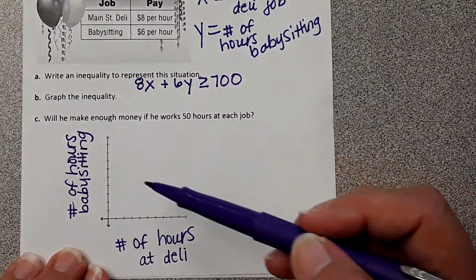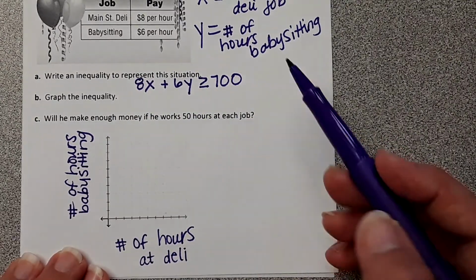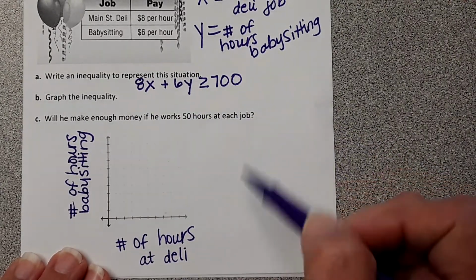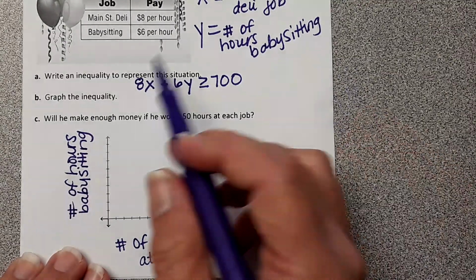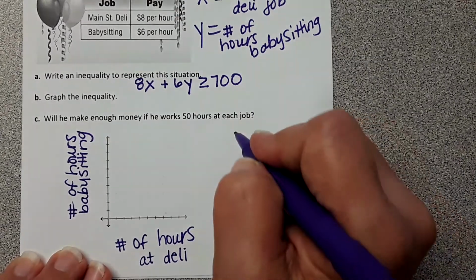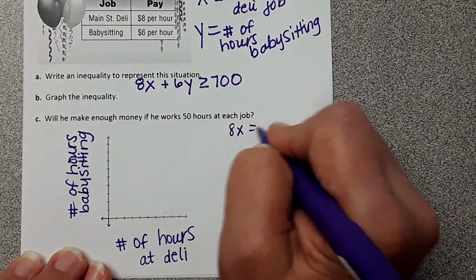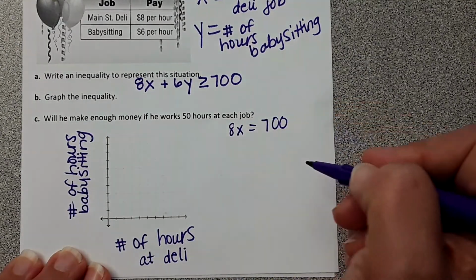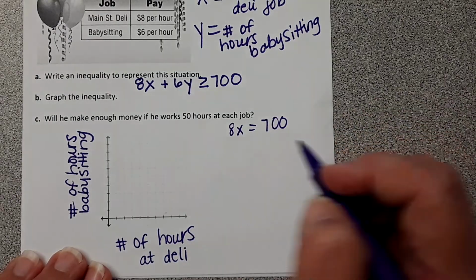So will he make enough money if he works 50 hours at each job? We're going to figure that out. But first of all, let's figure out the graphing part. So we're going to do 8x equals 700. That is going to find our x-intercept.